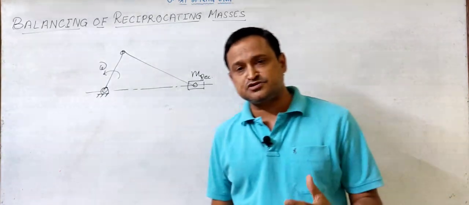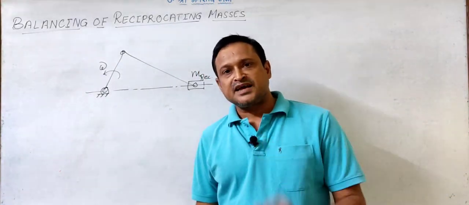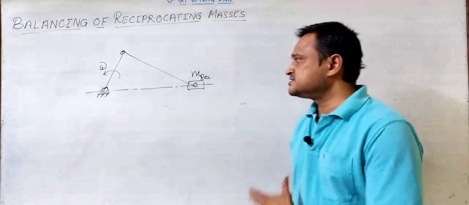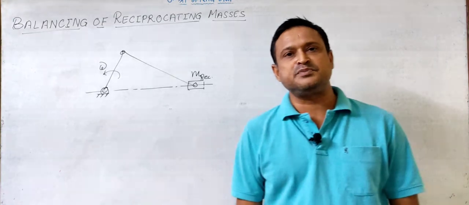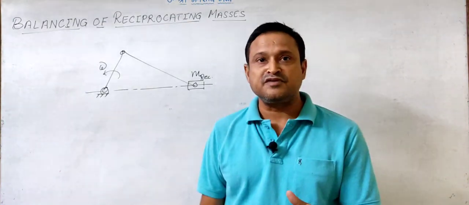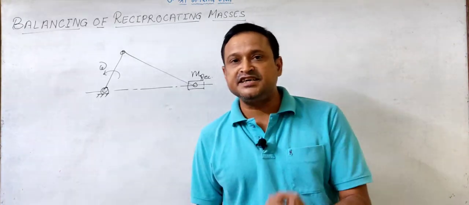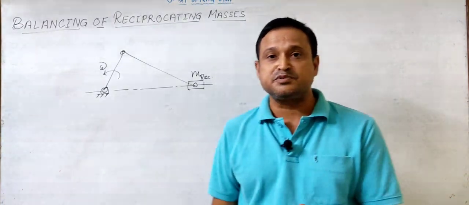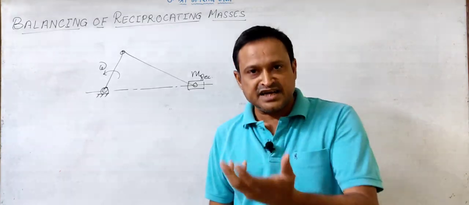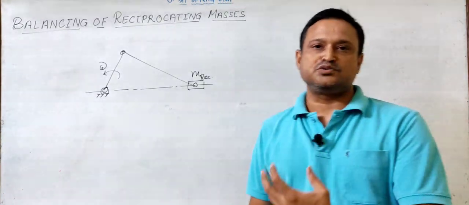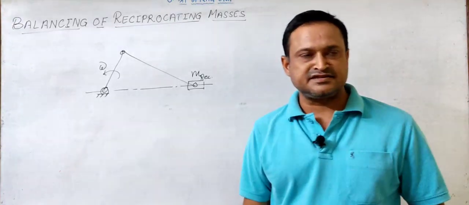Why I am saying it so is because in the analysis we have seen that we are balancing this unbalanced force due to reciprocating mass with the help of a rotating mass. That means we are treating this unbalance due to the reciprocating mass as a rotating unbalance, and that is why with the help of a rotating mass only we are balancing the system.